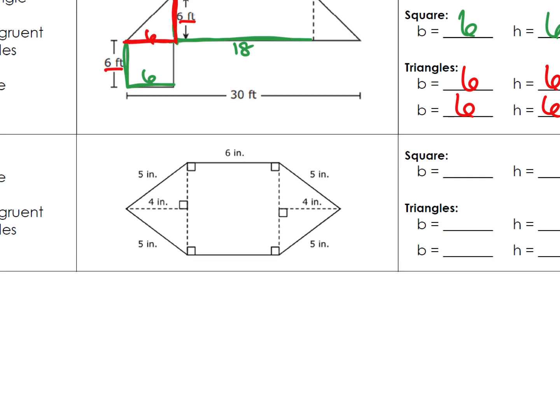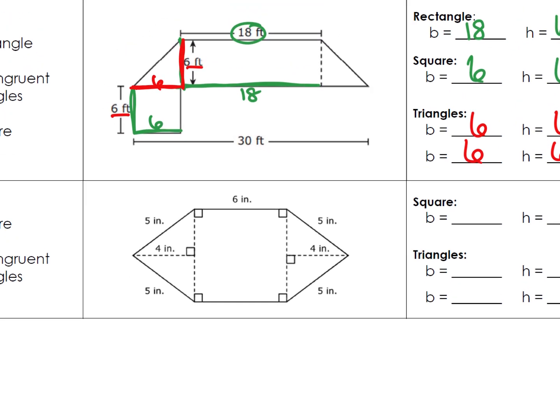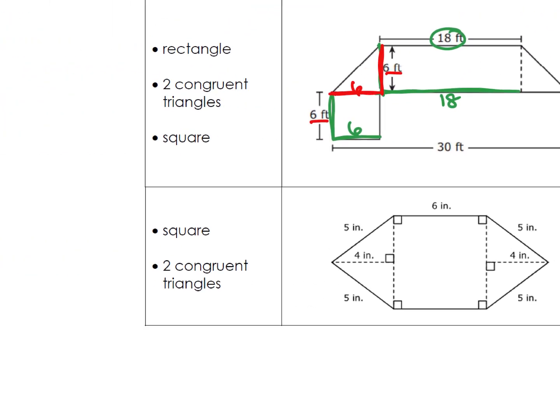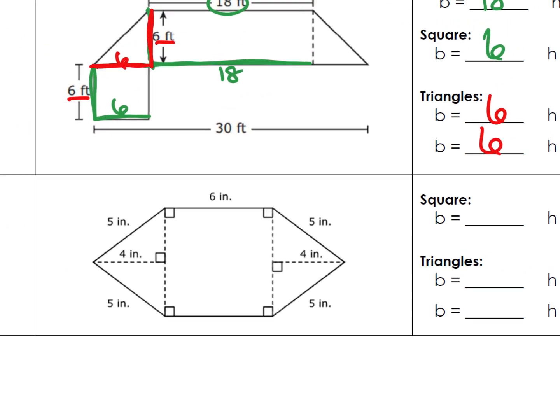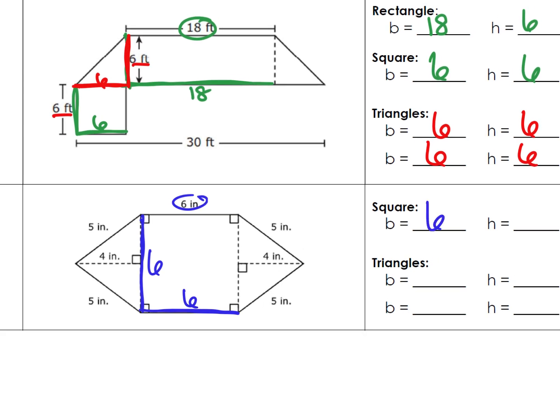Okay. All right, let's look at this last shape. We can see that we have a square in the middle with 2 congruent triangles. So if we start with our square, what is our base? That's right, it's 6. All the sides of the square are 6, which means the height here is also 6. So for our square, we can write 6 by 6.